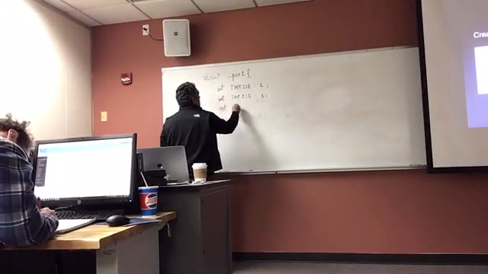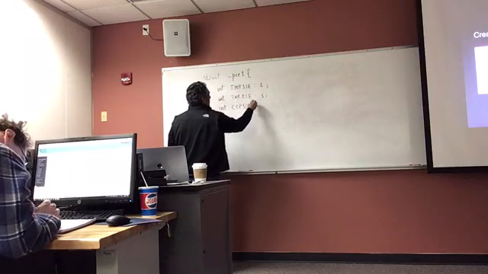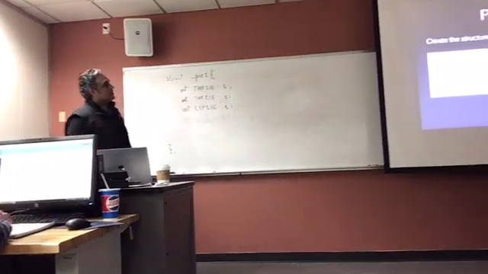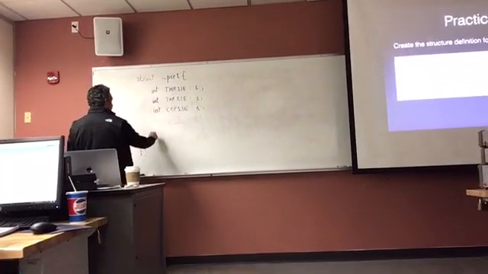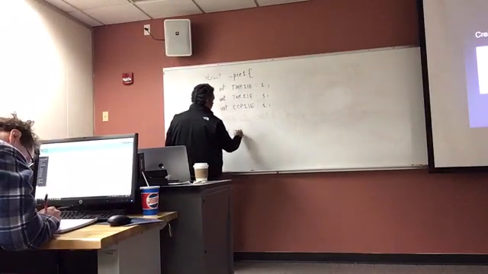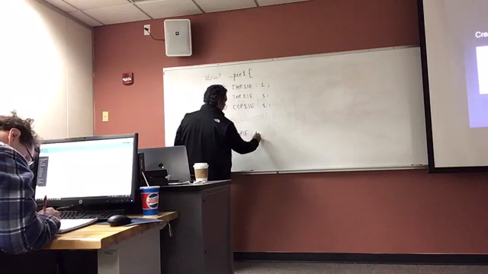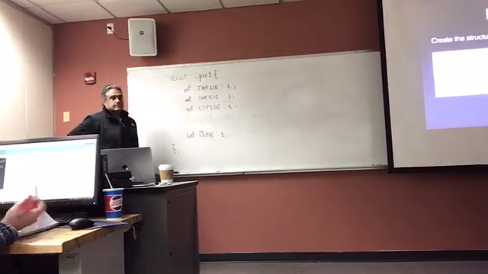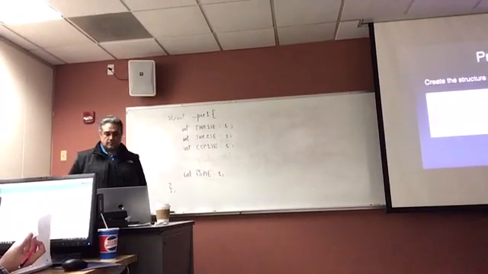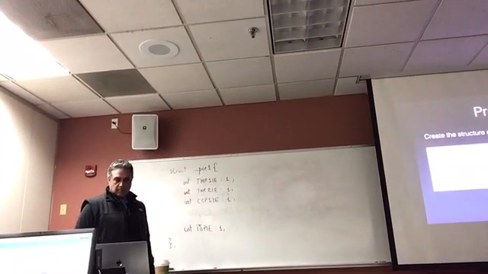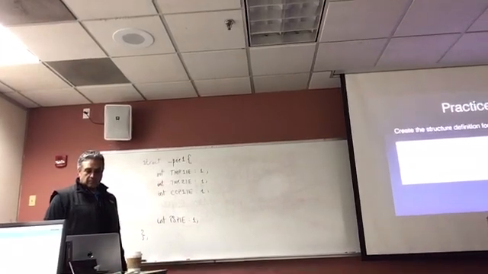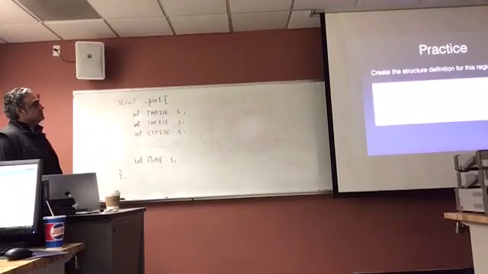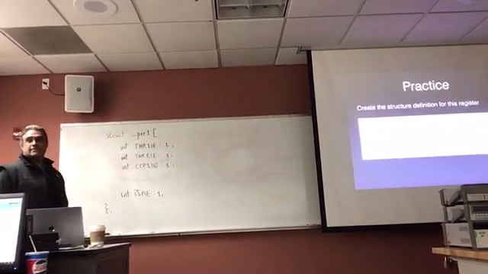So int CCP1IE 1 bit, and then you keep going one at a time until you hit PSPIE. Make sense? A little bit?